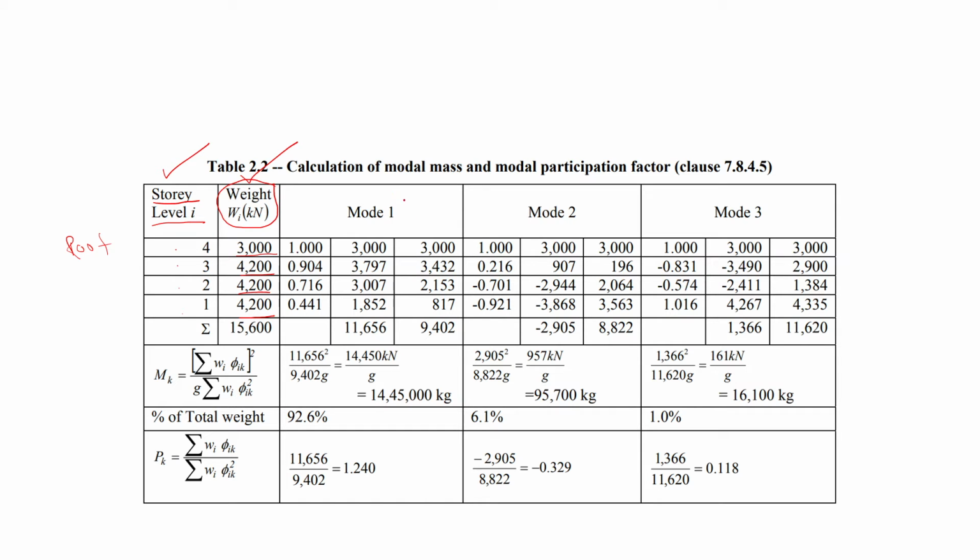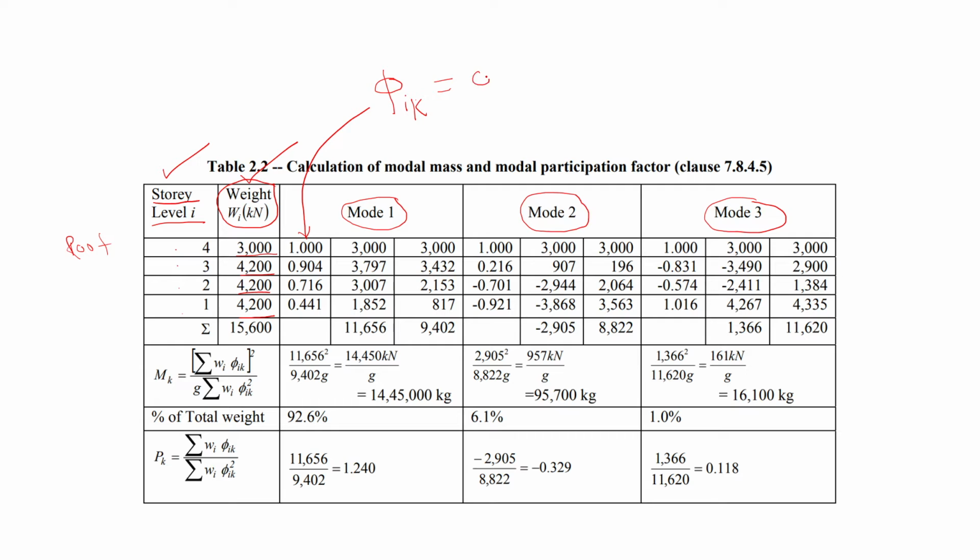Now next, we have to do this for 3 modes, as we have 3 modes in our problem. Okay, so these are the 3 modes. Now this particular column represents the mode shape coefficient. This is usually denoted by phi, for the ith floor and kth mode.